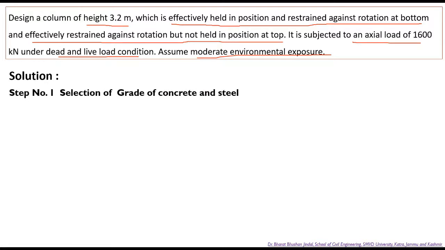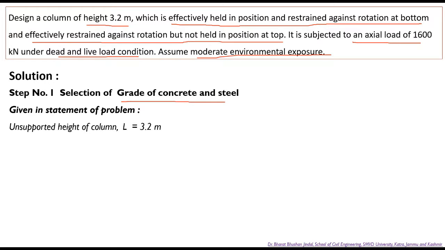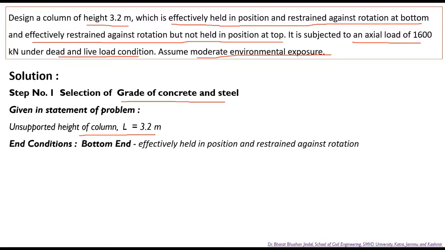Now in step number 1, as usual, we select the grade of concrete as well as the grade of steel. As given in the statement, the unsupported length of the column is 3.2 meters. Now what are the end conditions? At the bottom end, it is clearly mentioned that it is effectively held in position and restrained against rotation.